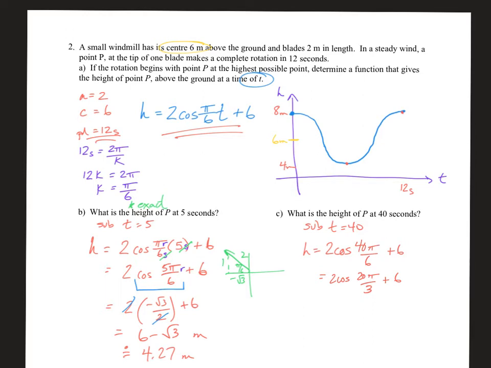Notice this. When I ask you at 40 seconds, I don't have to extend my graph all the way out to 40 seconds on my t-axis. Instead, what I can do is I can keep working on the cycle I can see. So, this action just took up 12 seconds for my period. Well, then to come back to the beginning again and use up another 12 seconds gets me to 24 seconds.